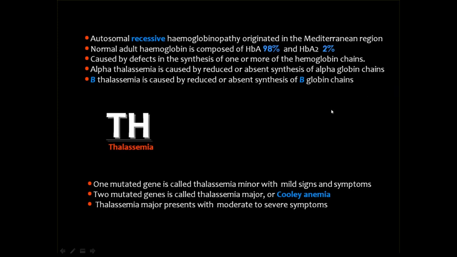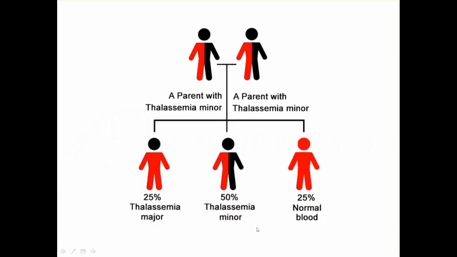Then we have the thalassemia minor and the thalassemia major. If there is one mutated gene, this is called thalassemia minor, and the symptoms are mild. If there are two mutated genes, this is called thalassemia major or Cooley's anemia, and the symptoms of Cooley's anemia are often moderate or severe.